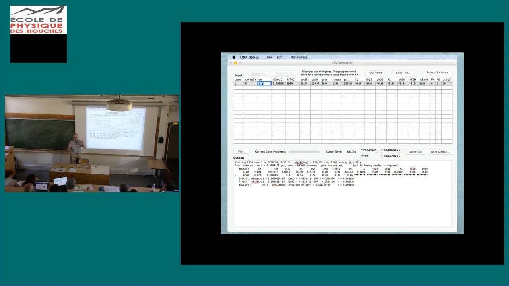It then simulates its detection by LISA as LISA goes around the Earth in 1 year, calculates the signal that comes out of that, then applies noise, and using an information matrix approach, we do parameter estimation back on the original source to figure out whether we're going to be able to pick out the science from the noise.